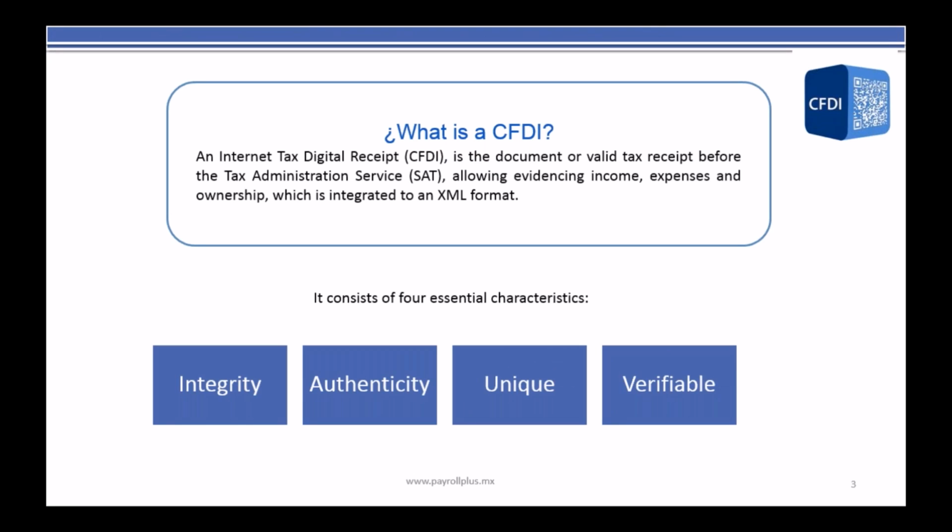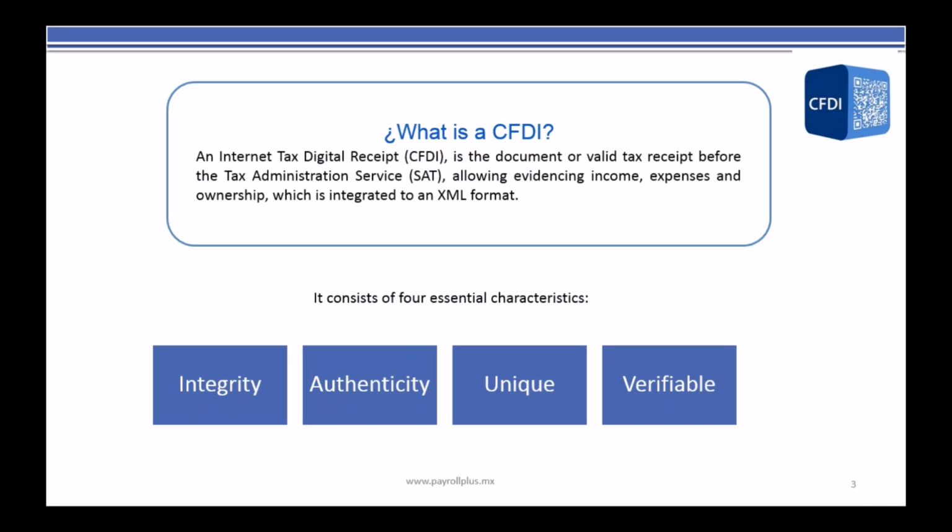Well, a CFDI is an Internet Tax Digital Receipt, coded CFDI in Spanish, and is a document or valid tax receipt before the authorities that allows to prove income, expenses, ownership, and should be prepared in an XML format. In other words, the CFDI is what we used to know as a tax invoice. This is nowadays the valid document in Mexico.